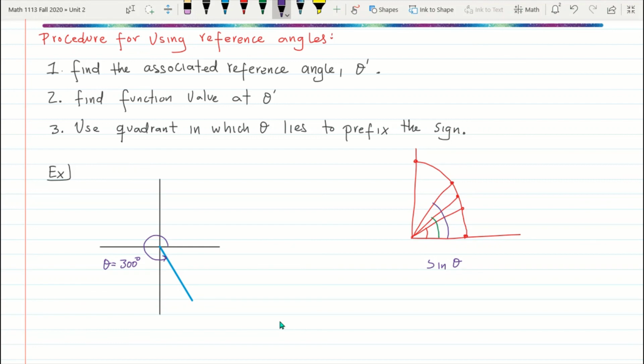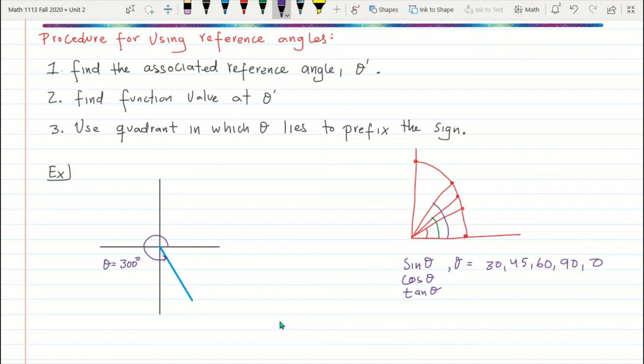Sine of theta, where theta can be 30, 45, 60, or 90. It can also be 0. Those are some of the very popular ones. And I don't mean that sine of theta is equal to that. I mean that theta can take on those values.